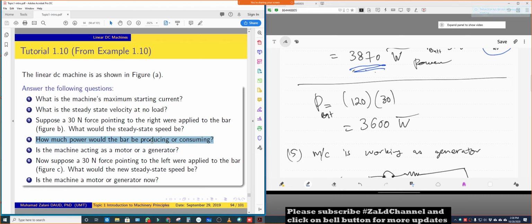If we look at the battery side, the battery is consuming power. And if we look at the bar side, the bar is producing power, so it is working as a generator. Similarly for question number 5, we can explain it by this calculation: the machine is acting as a generator.